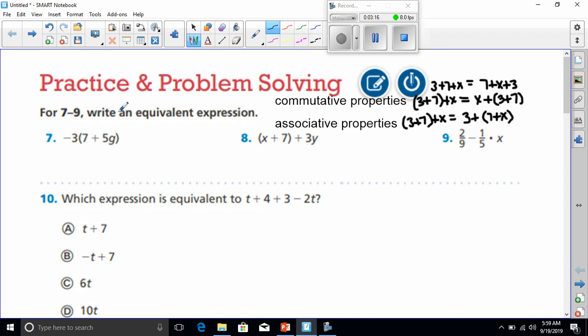I'm going to do all the odd ones. You guys got the evens today. Let's see here. We've got number 7. This just says writing equivalent expressions. It doesn't say whether we have to use commutative or associative properties. They just want an equivalent expression. Well, this one's pretty easy because I can use my distributive property to multiply what's in front by everything inside and rewrite this expression. -3 times -7 is 21.